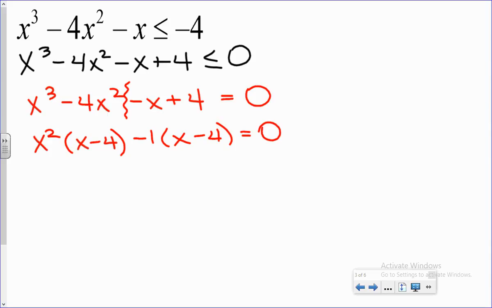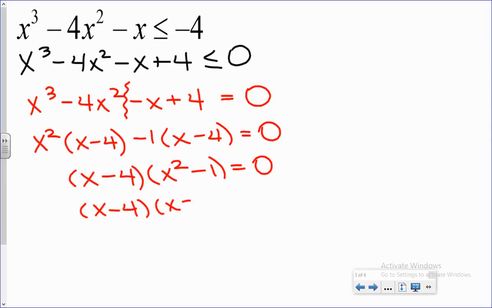Since we have an x minus 4 in common, we can factor that out, and left over is x squared minus 1. We all know that x squared minus 1 is the same thing as x minus 1 times x plus 1. So our critical values are at 4, 1, and negative 1.